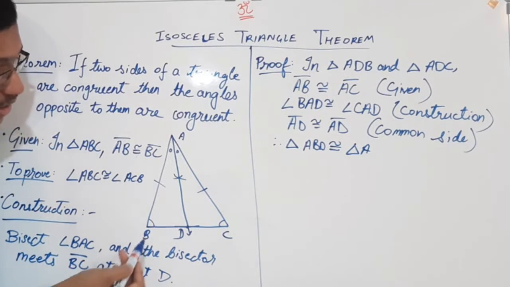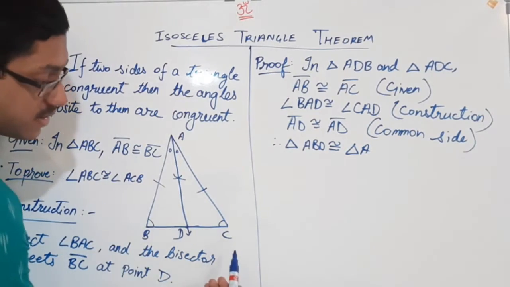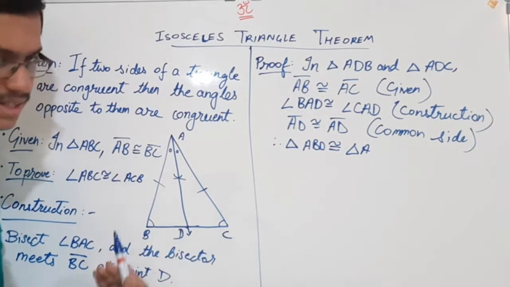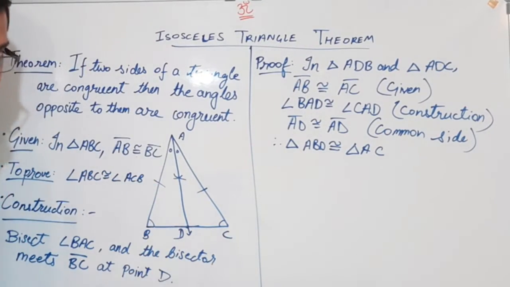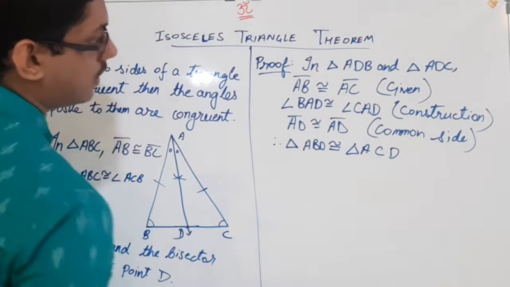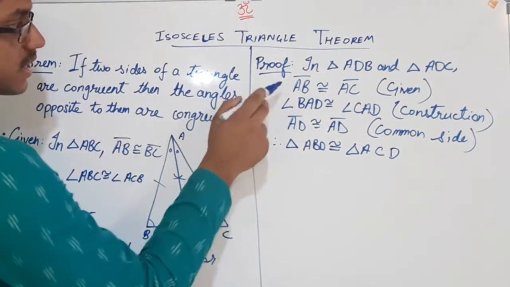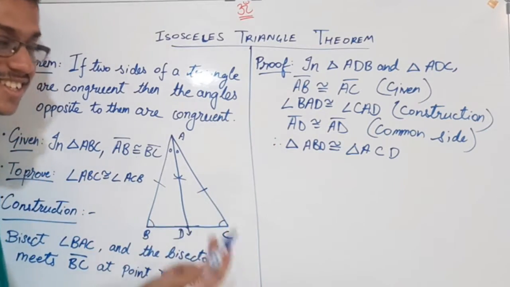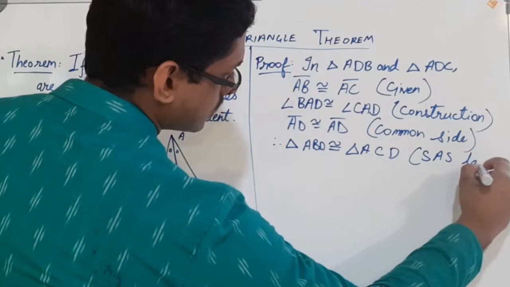Now B, when B is being written, we will have to write C because we can see the exact reflection. B will become C and D is D only, means it is a common point, ACD. Alright, which test is this? This test is SAS test. Okay, this is SAS test.